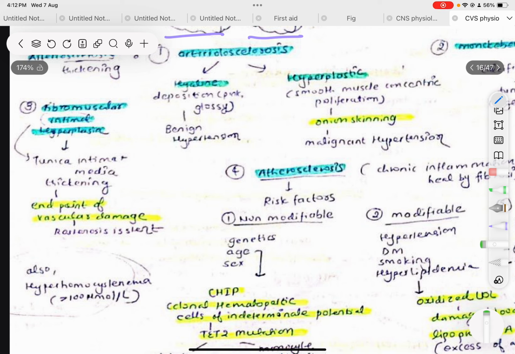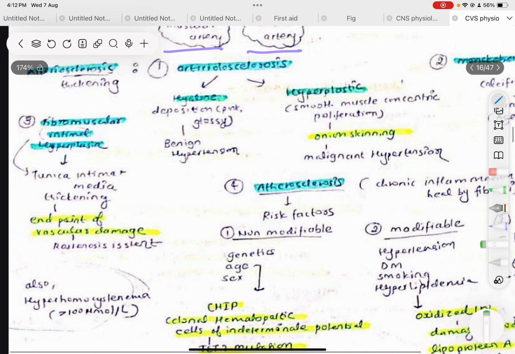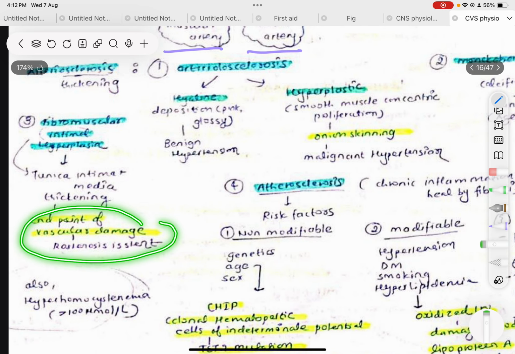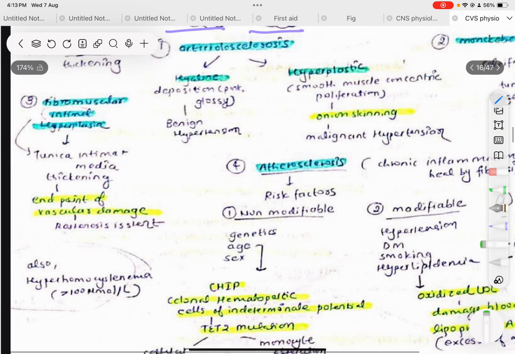Now there is also a third type, that is fibromuscular intimal hyperplasia. What will happen in this? So tunica intima plus tunica media thickening will be there, and that is the end point of vascular damage, also known as restenosis in stent.